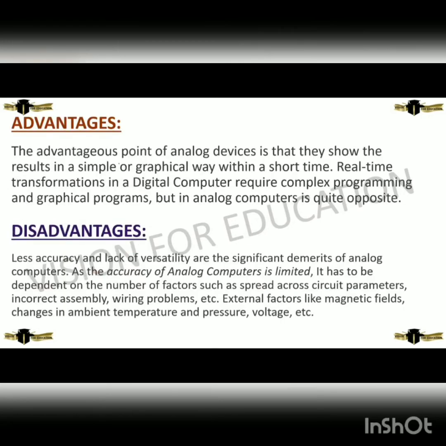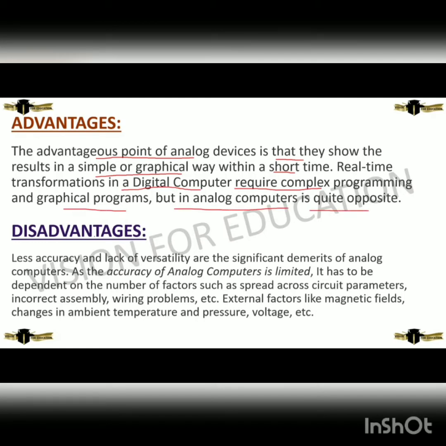Now let's discuss some advantages and disadvantages of analog computers. Coming to advantages, the advantageous point of an analog device is that it shows results in a simple or graphical way within a short time. Real-time transformation in a digital computer requires complex programming and graphical programs, but in an analog computer it is quite the opposite.